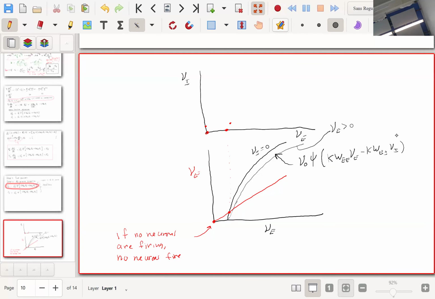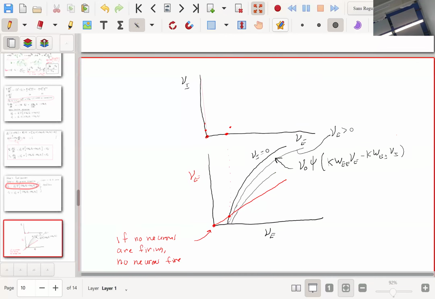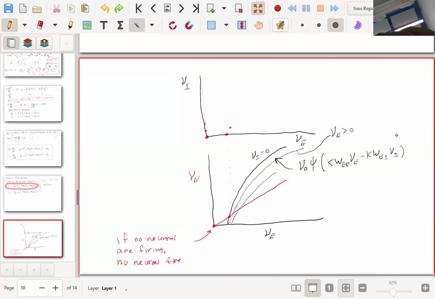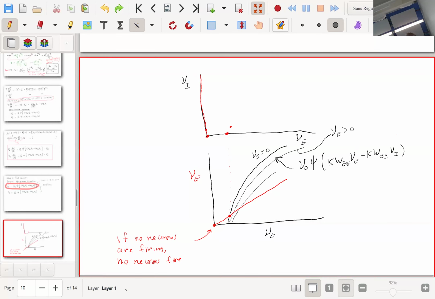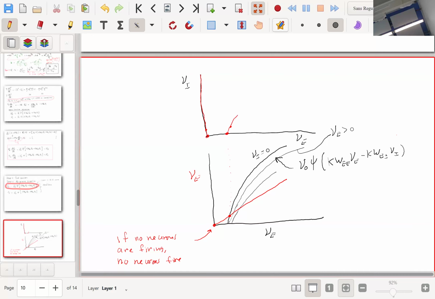As we make nu I even bigger, this curve here just keeps going up, right? So this whole point is an equilibrium of the network. Adding an inhibitory firing rate is not going to make the neurons stop firing, and this keeps going up. Okay?